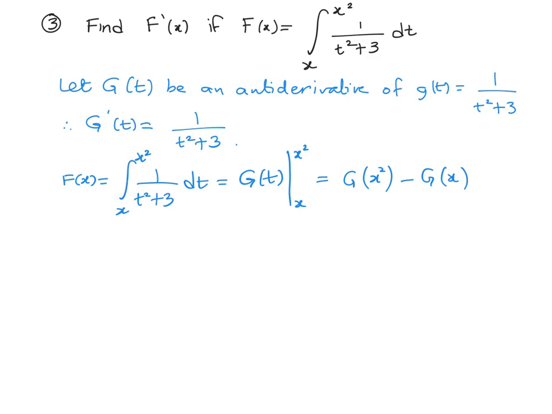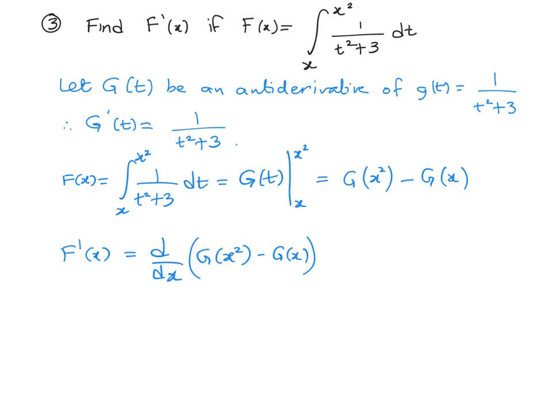Now I'm trying to find the derivative of that, so capital F prime of x is going to be d dx, derivative with respect to x, of this G of x squared minus G of x expression.